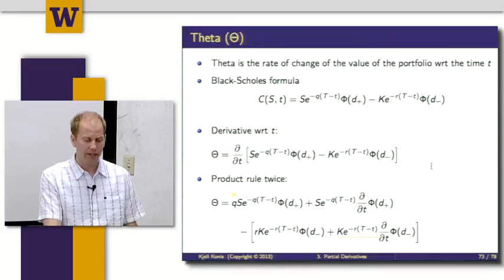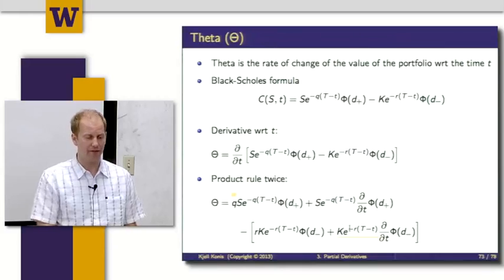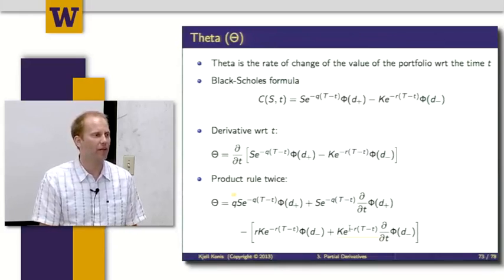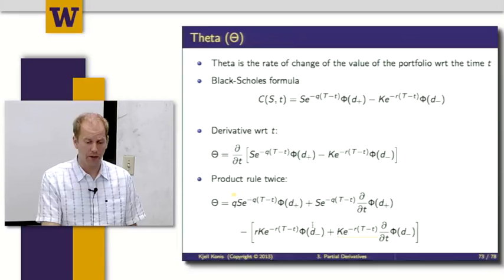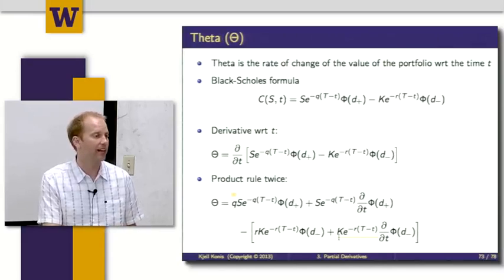Now I'm going to look at this, and maybe we can squeeze a little bit more mileage out of our intermediate result. Right now I have d minuses in the square brackets and d pluses in the first line. That result worked out well when I had an S in one term and a K in the second term.